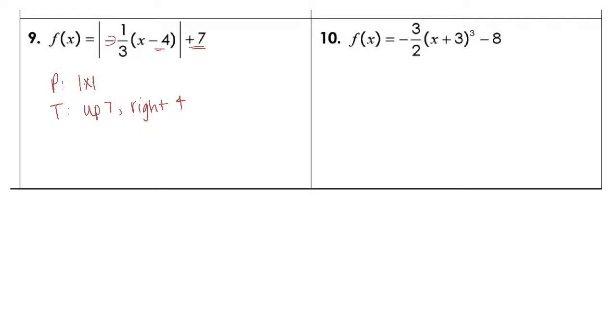We have this negative here, and notice it's on the inside, so that means we are going to reflect across the y-axis. Again, it's because it's on the inside. And what else is this going to do? We're on the inside, so we have a horizontal, and that's going to be a stretch, even though it's a fraction, but it's because we're on the inside.